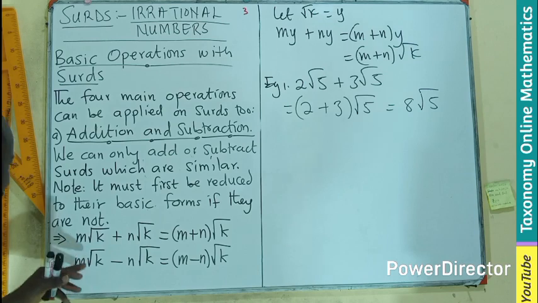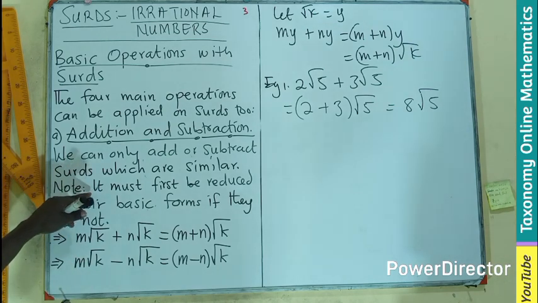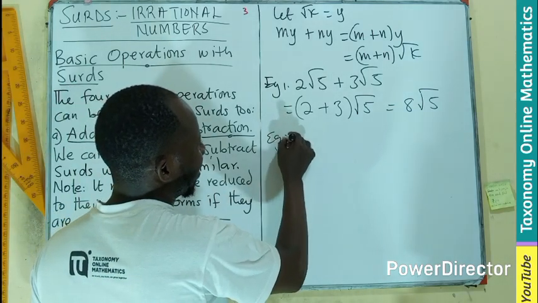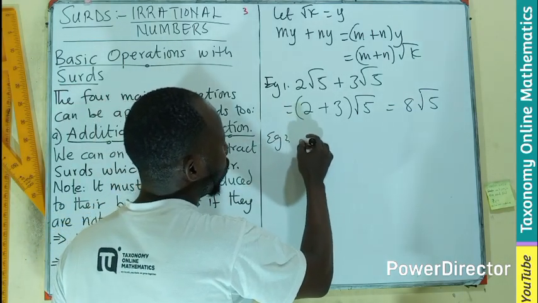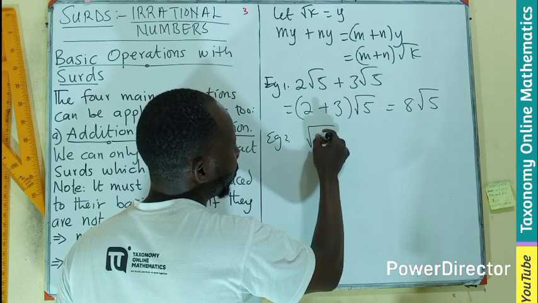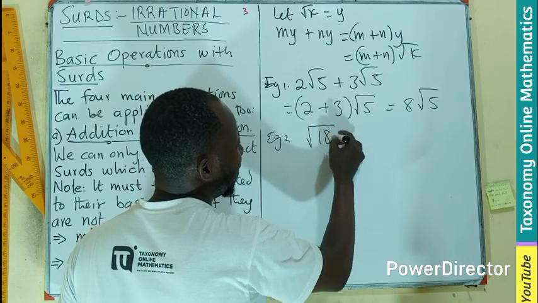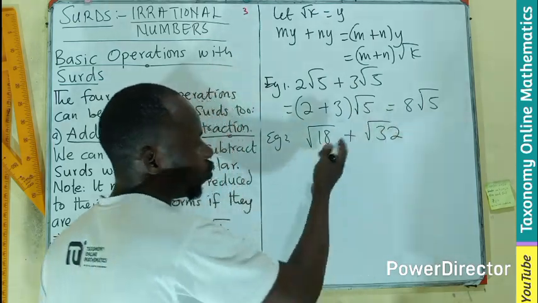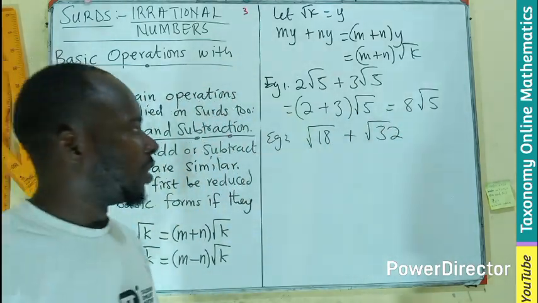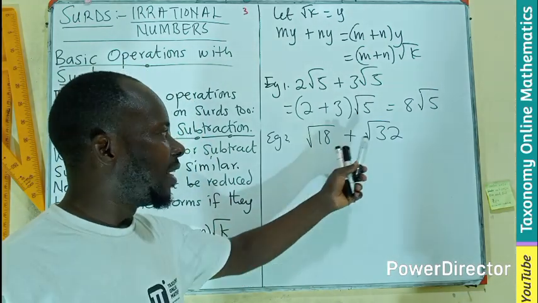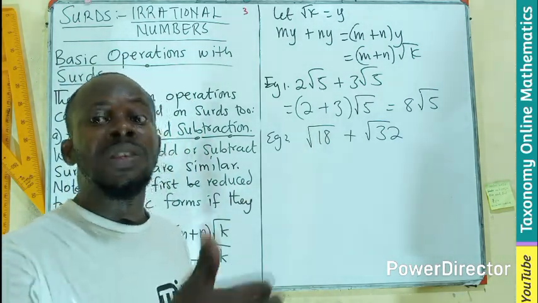Now there is an addition here. If it is not in the simplest form, we should reduce it to the simplest form. So let's see, I've been given example 2. I am to evaluate the root of 18 plus the root of 32. Given this, we cannot add because 18 and 32 are not similar.